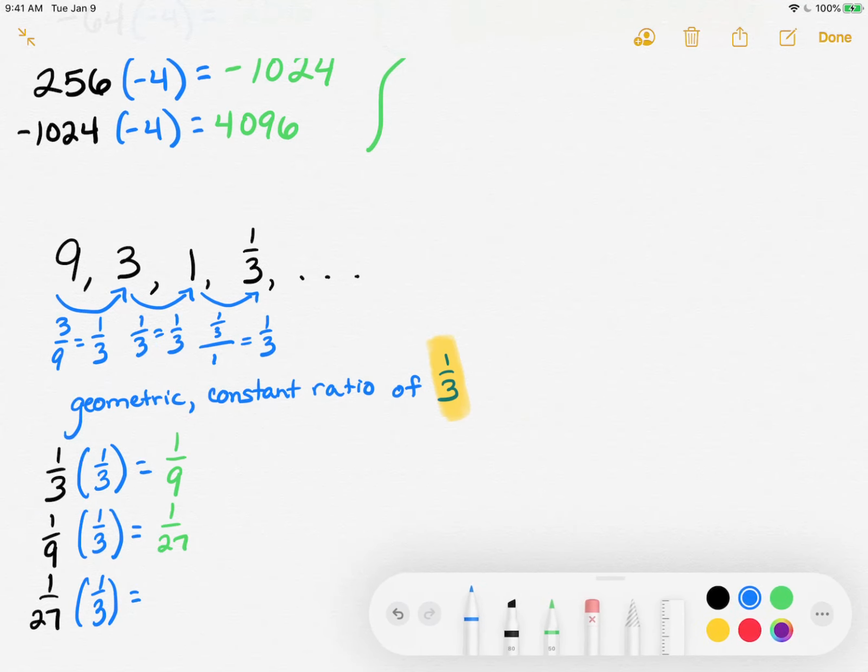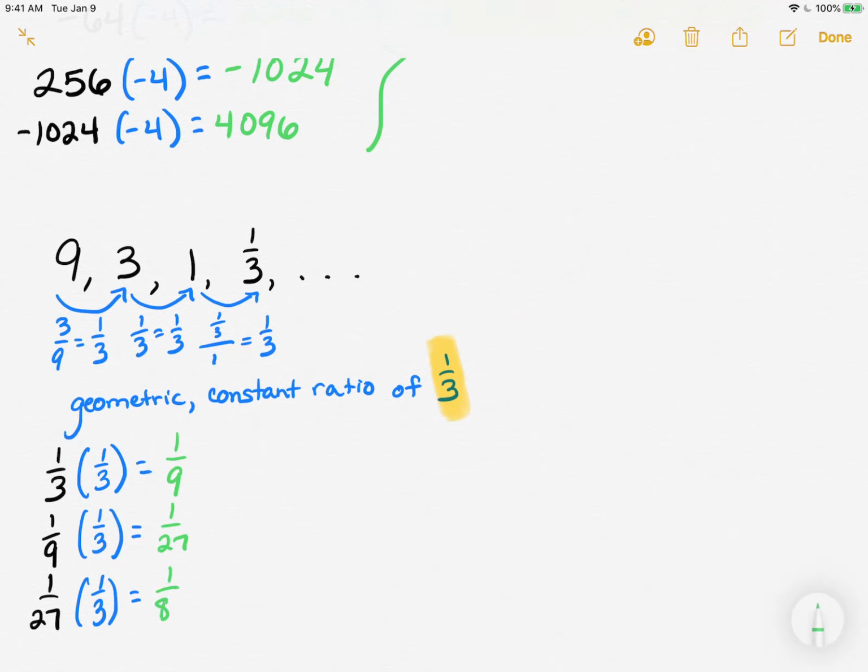And 27 times 3 is going to be 81, is that right? Somebody check me, I think it's 81. Yes, 81. Good. I knew it all along. So the next 3 terms in the sequence will be 1/9, 1/27th, and 1/81st.